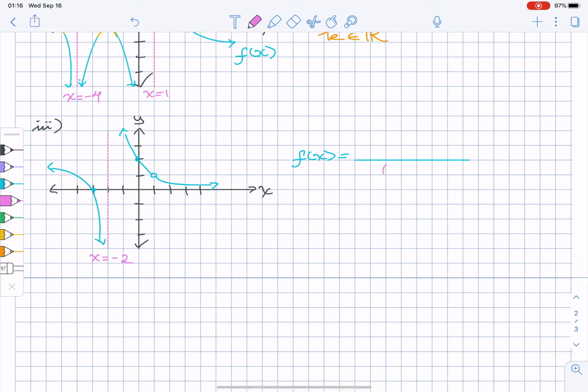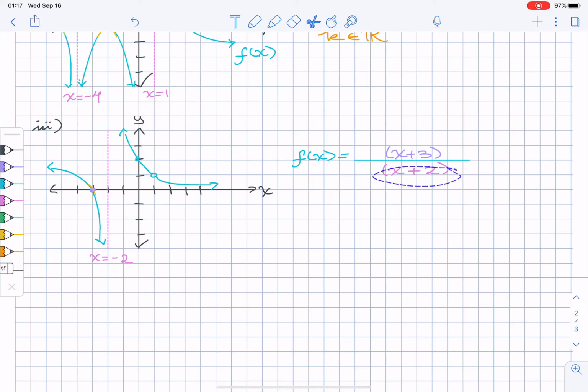So the denominator is going to be simply x minus a negative 2, or x plus 2. My x-intercept is just at negative 3. It's linear, so I just have x minus a negative 3, or x plus 3, in the numerator.